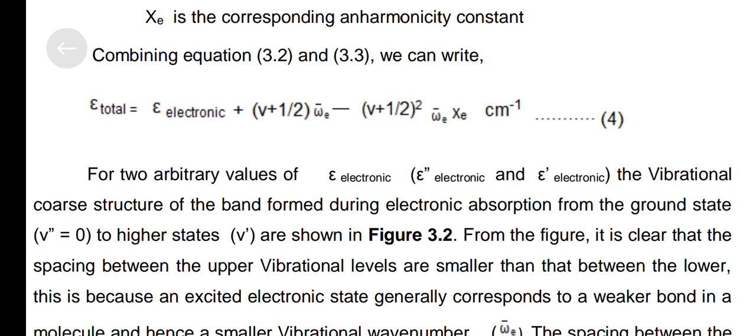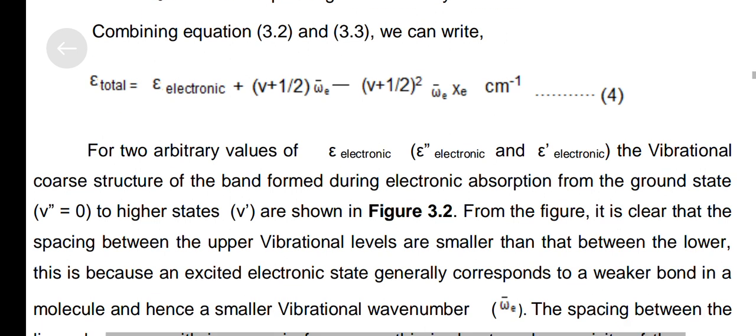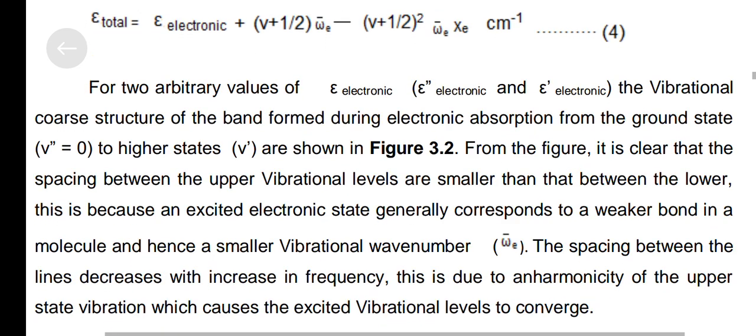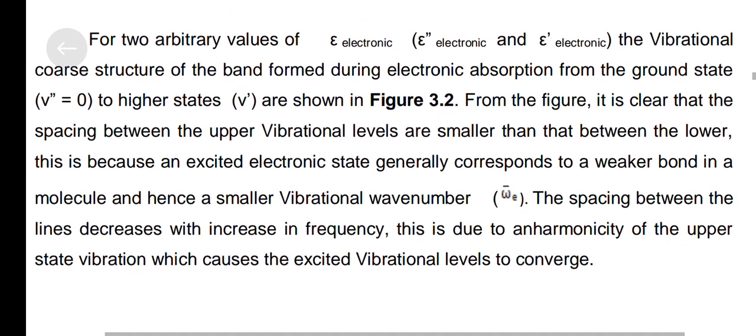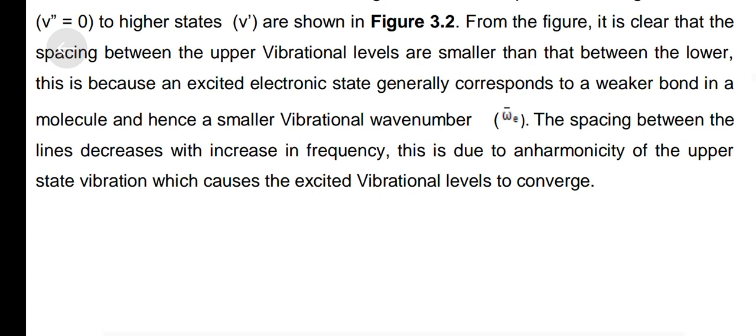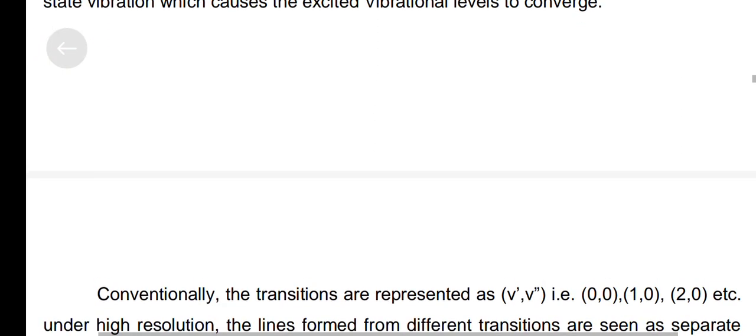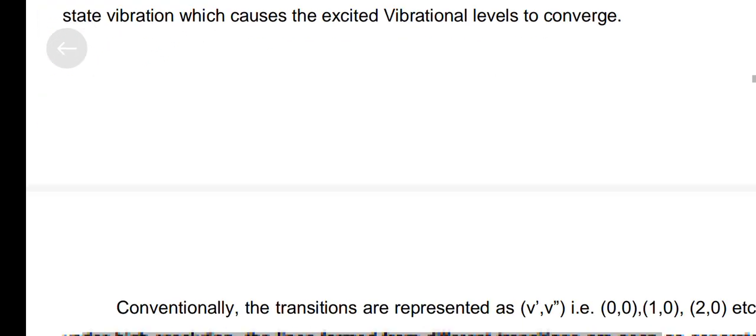This is because an excited electronic state corresponds to a weaker bond in a molecule and hence a smaller vibrational wave number. The spacing between the lines decreases with increase in frequency. This is due to the unharmonicity of the upper state vibration, which causes the excited vibrational levels to converge.